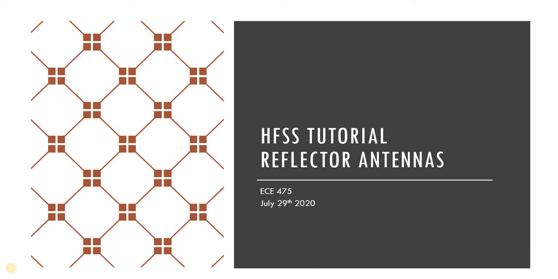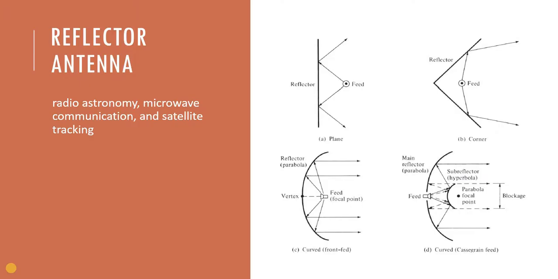Today I'm gonna talk about reflector antennas, which are considered one of the highest-gain and most useful antennas. You can see many applications of this kind of reflector antenna in radio astronomy, microwave communication, and satellite tracking.